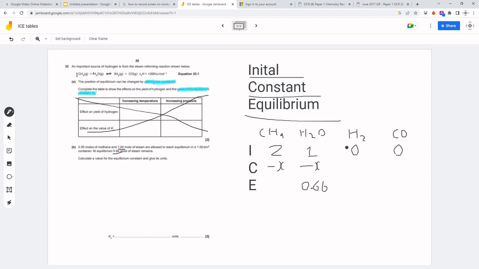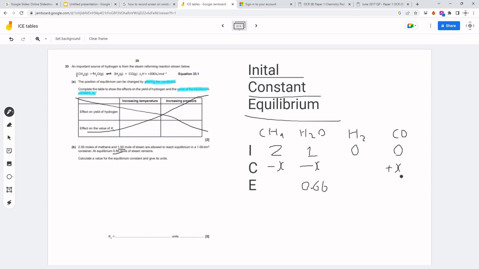One side has to lose concentration while the other side gains concentration. That's just how it works. It's conservation of mass. So because CO also has 1 mole produced per mole of reactant, we also have plus x on this side.